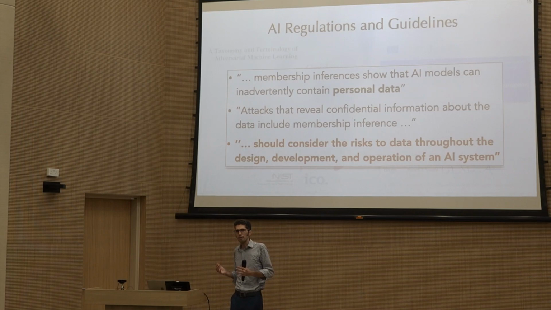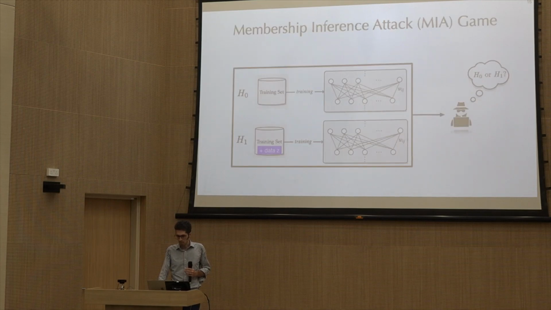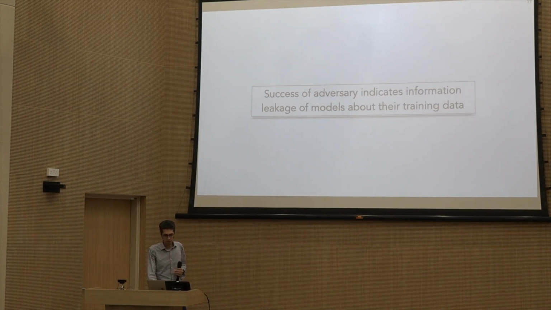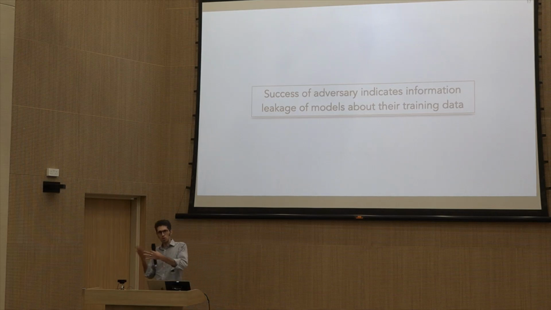If your model is susceptible to membership inference attacks, it means that it leaks a lot of information, so we need to be careful about that. We had this game. We agreed that the success of the adversary indicates information leakage about the model's training data, and we also need to construct such algorithms. So now our job is to construct the membership inference attacks.